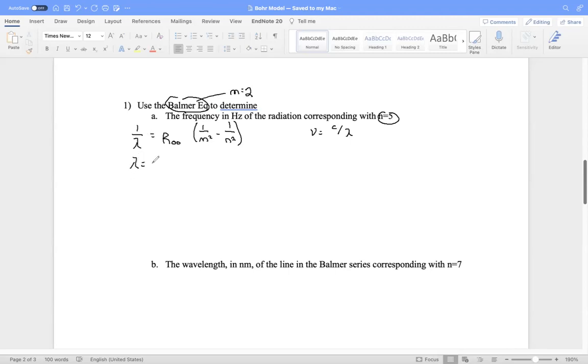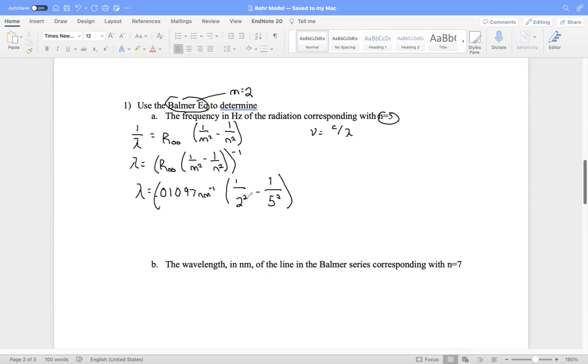The only thing that we need to change is that wavelength equals our Rydberg constant times 1 over m squared minus 1 over n squared, and this is raised to the negative 1 since it's inverted. And so our lambda is going to give us 0.01097 inverse nanometers, times 1 over 2 squared minus 1 over 5 squared.